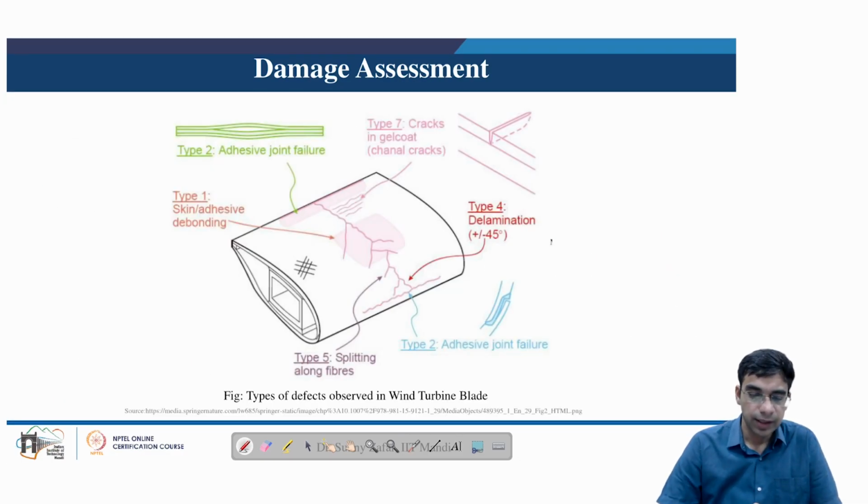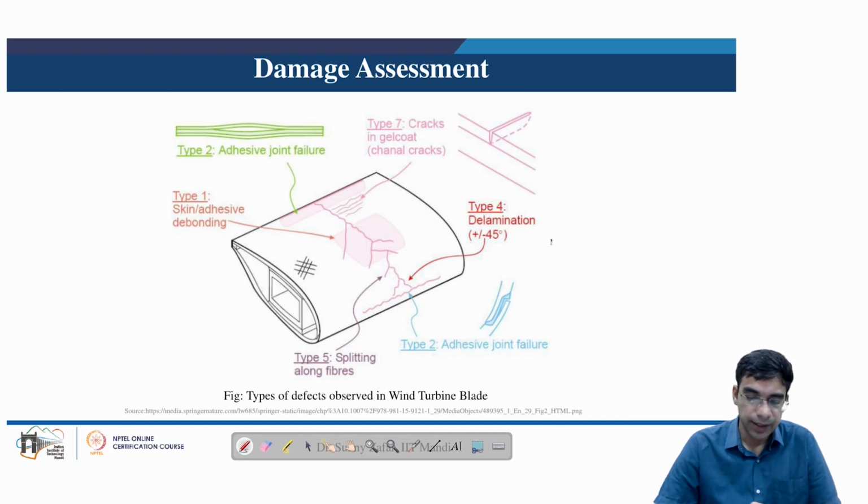Other than this, there may be some other types of damage which can occur. These can include skin or adhesive debonding, or adhesive joint failure, because the outer shell of the wind turbine blade, made up of fiber reinforced plastics, is adhesively bonded to the core and adhesive joint failure can occur.